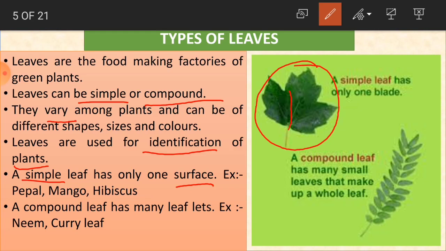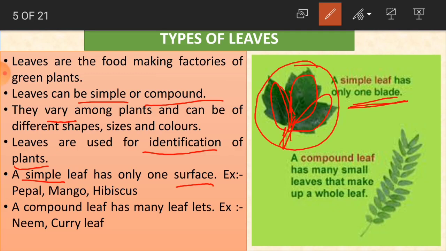Suppose this is one leaf, this part is one leaf, and this part is one leaf. But all this comes under one leaf only, one surface only. This type of leaf has only one blade, and it is called a simple leaf.